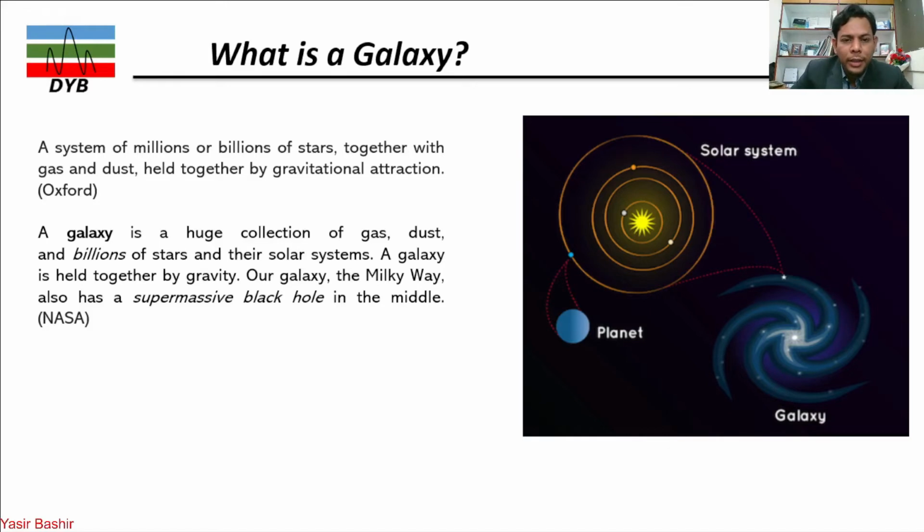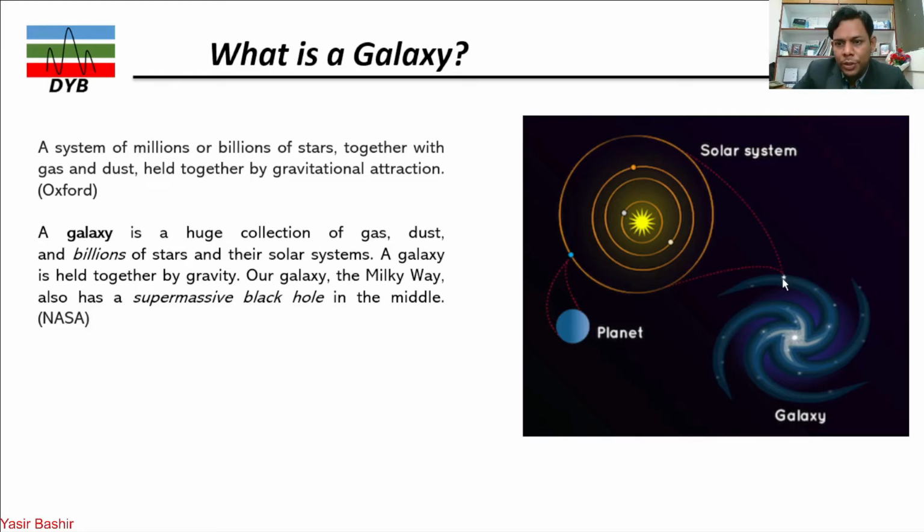Our galaxy, the Milky Way, also has a supermassive black hole in the middle of it. Over here you can see our Milky Way galaxy. If we look at where our solar system is, we are on one of the spiral arms of the galaxy.